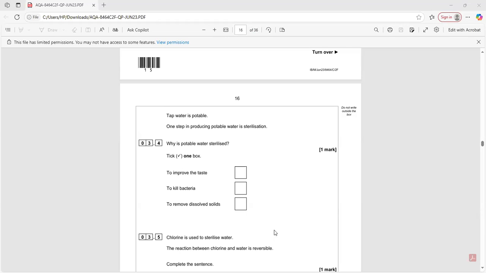Potable water should not have any taste in the first place. So we're good with that option, right? Yes. Okay, all right.